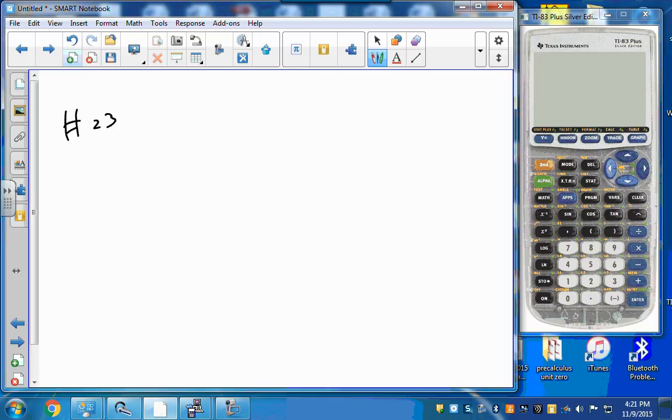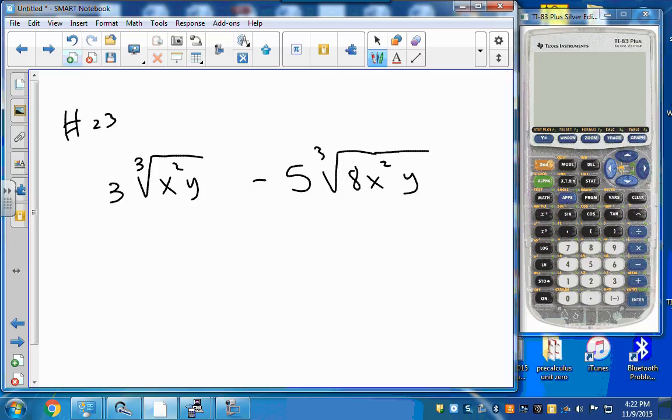23, we have 3 cube roots of x squared y. Notice there's no triples there, so I can't clean that up. Minus 5 cube roots of 8x squared y. Okay. Let me write these to the 1/3 power.